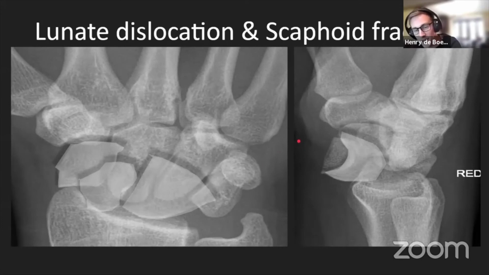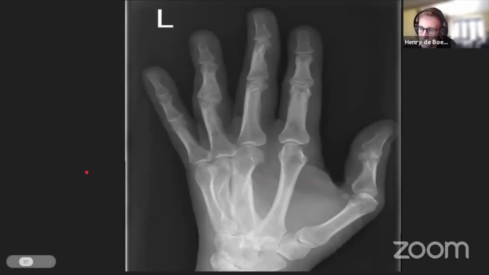And the perilunate dislocation that we saw previously is associated with triquetral fractures, if anyone ever asks you. Right, so next case.